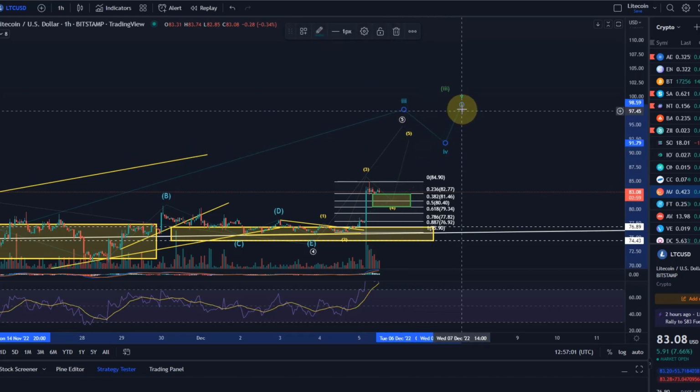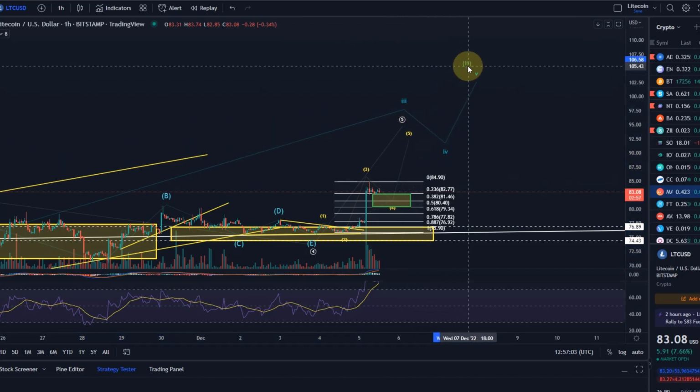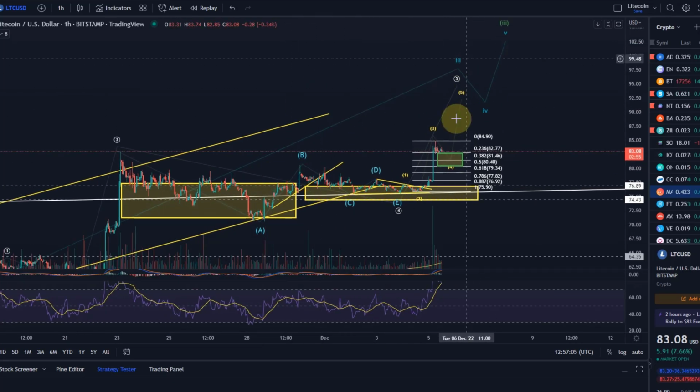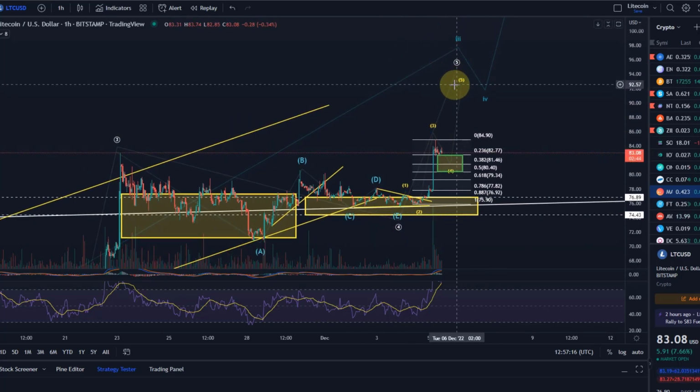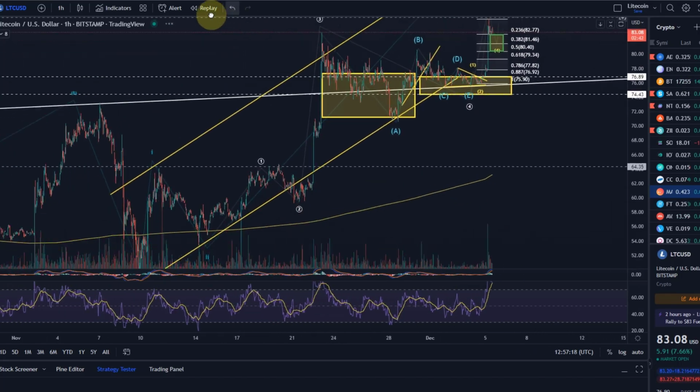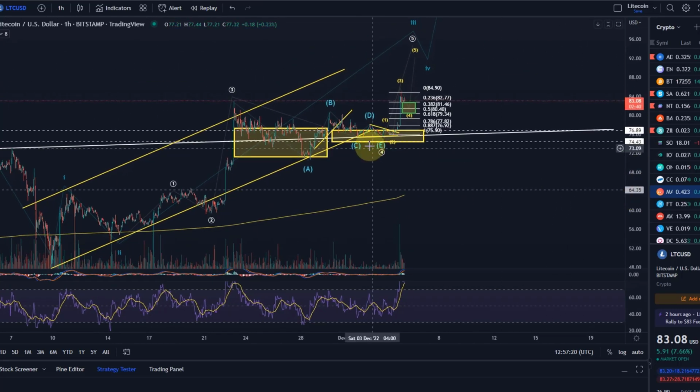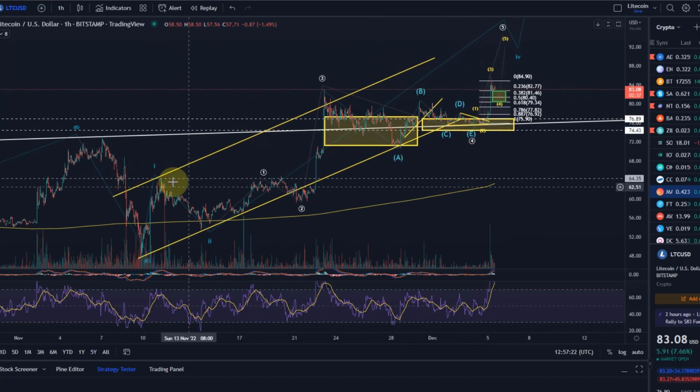Then there should be a wave 4 in blue, and a wave 5 in blue, and a wave 3 in green. So let's see if we do this. Focus here would remain further on the upside as long as we're holding the $80.40 level. Target for the white wave 5. Let's see if we can get that as well.